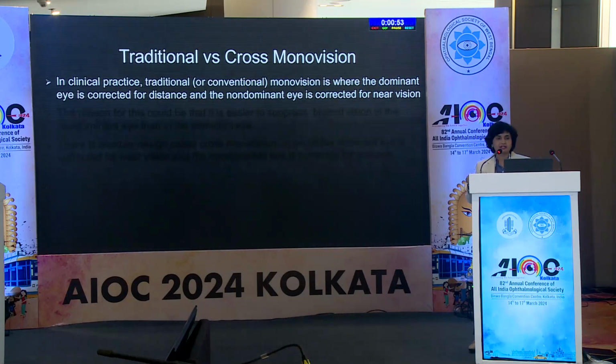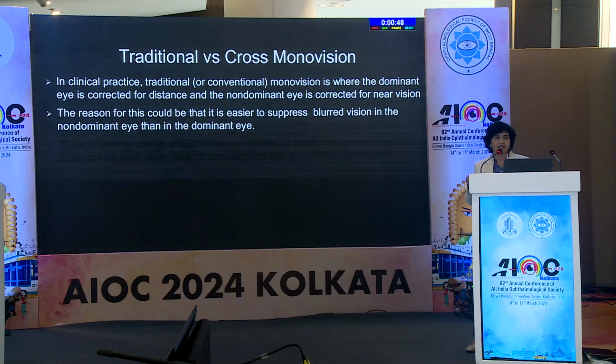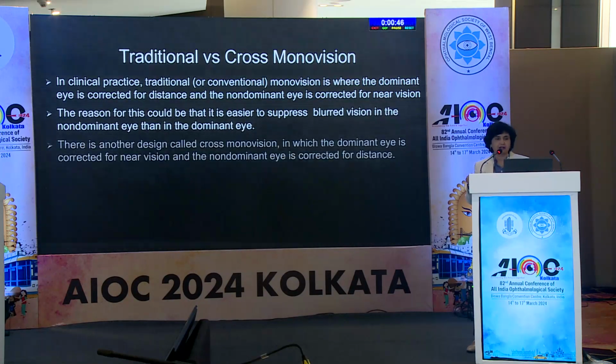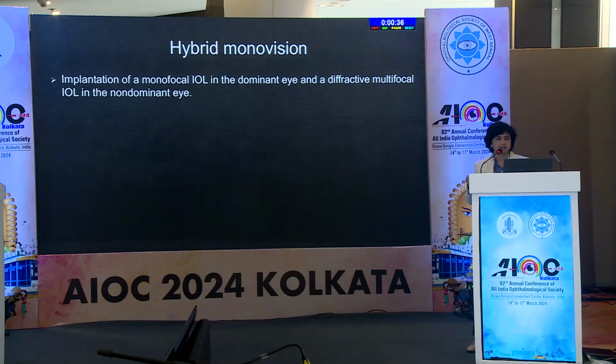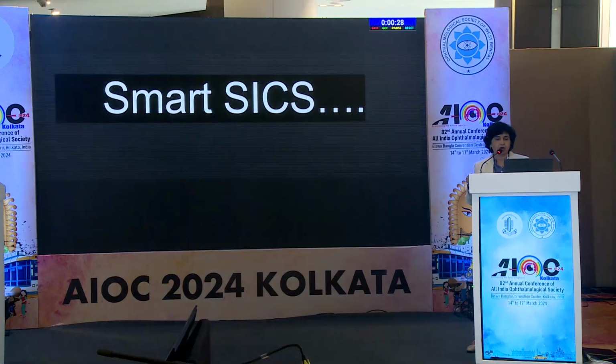Traditional monovision is where the dominant eye is corrected for distance, but it can be cross monovision, where the dominant eye is corrected for near vision and the non-dominant eye is for distance. And hybrid monovision is when we implant a monofocal IOL in the dominant eye and a diffractive multifocal in the non-dominant eye.